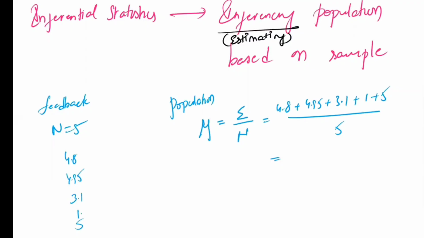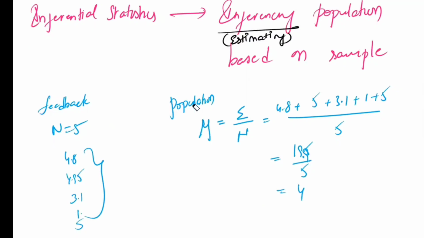Let me make it a round figure for easy calculation: 4.8 plus 5 is 9.8, plus 3.1 is 12.9, 13.9, 19.9, divided by 5, which is approximately 4. This is the average feedback by the 5 students. If you take it from all 5 students, you can easily calculate it.